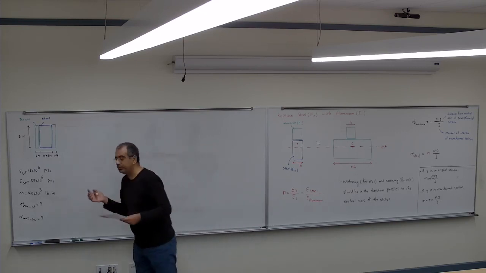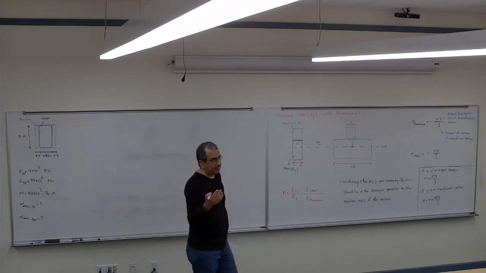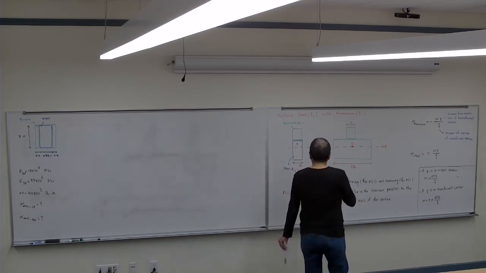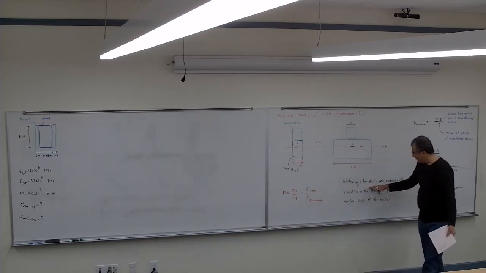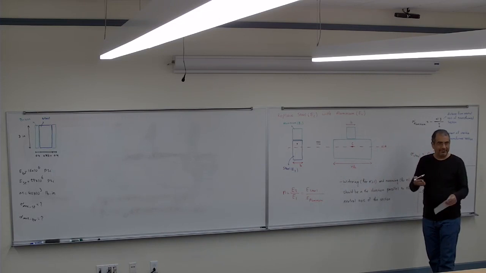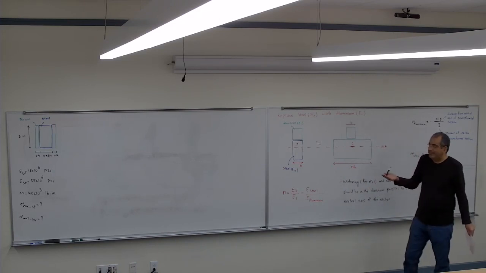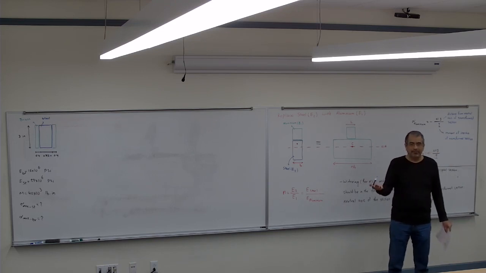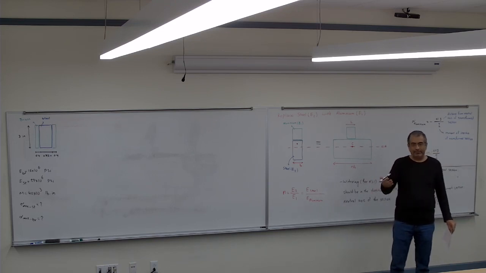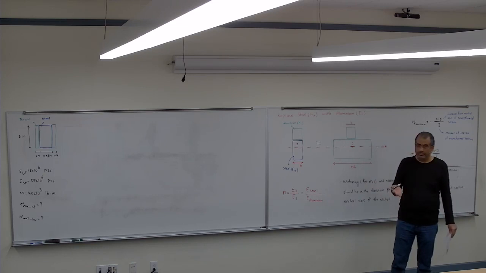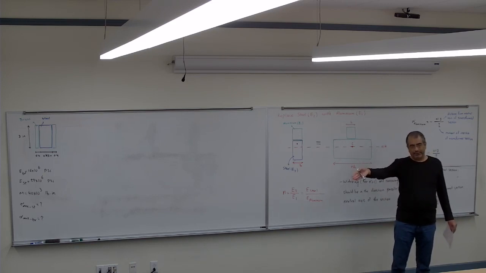So when you're dealing with these types of problems, usually it's easier to make it wider than to make it narrower. Usually, either way, it's going to give you the same answer. But usually, it's easier to transform the entire section into the weaker material.